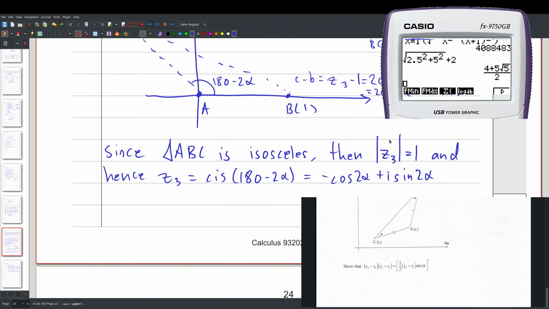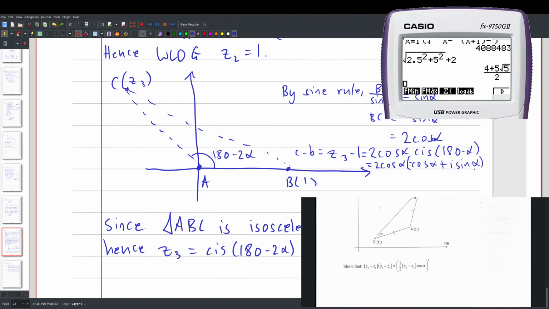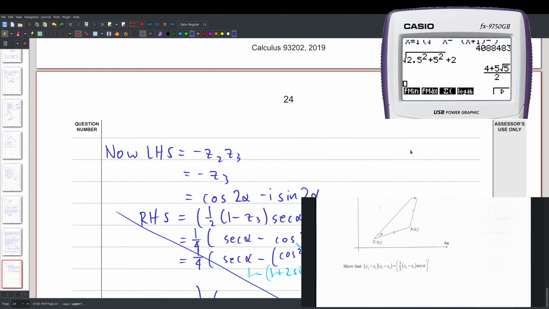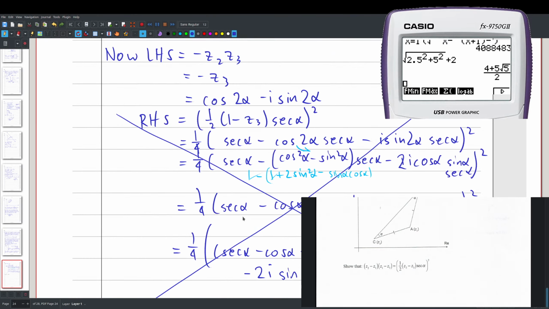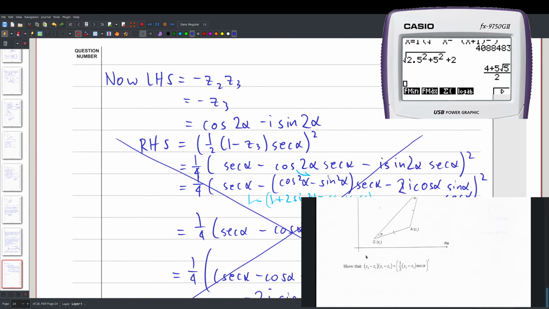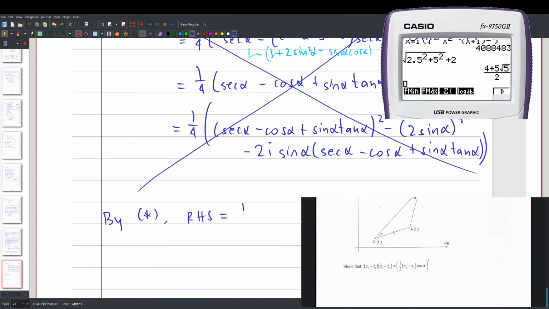And then we call this star. By star, RHS equals a quarter sec squared alpha, sorry, quarter sec squared alpha.